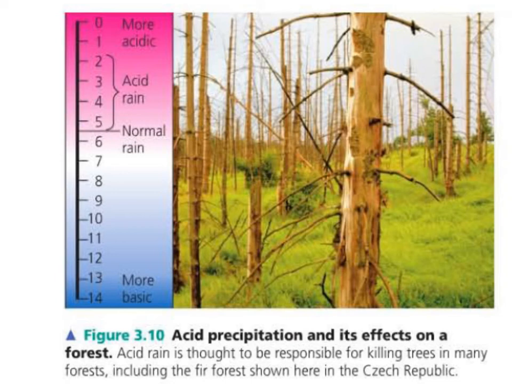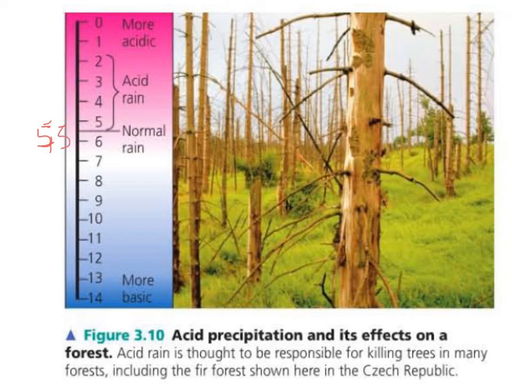What happens with an increased amount of acidity in living organisms? For example, normal rain acid value is nearly 5.5. Normal rain acidity.